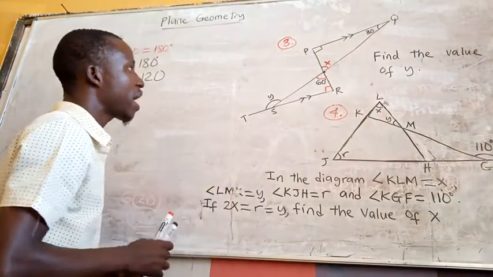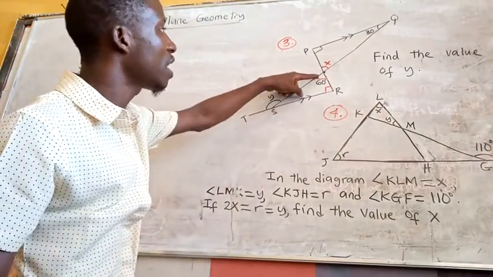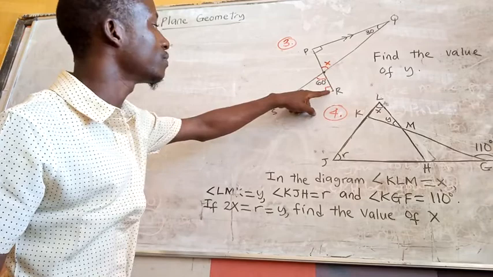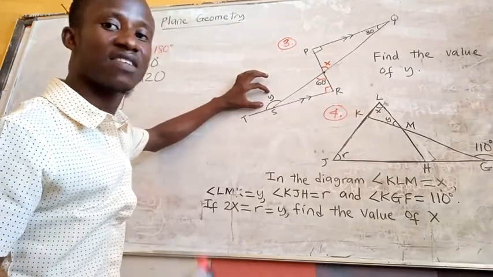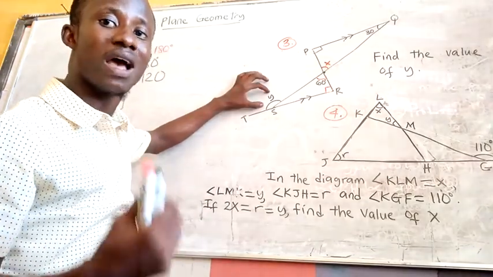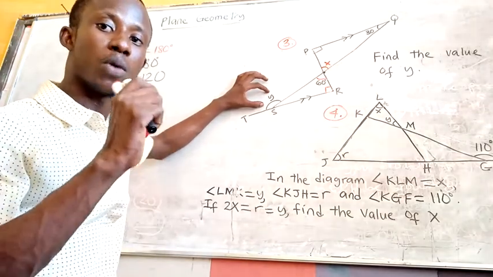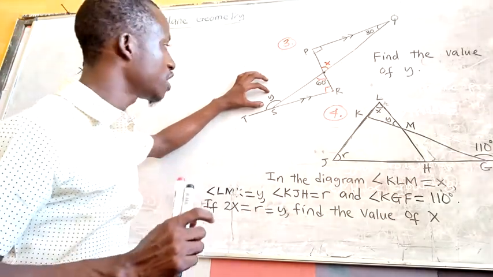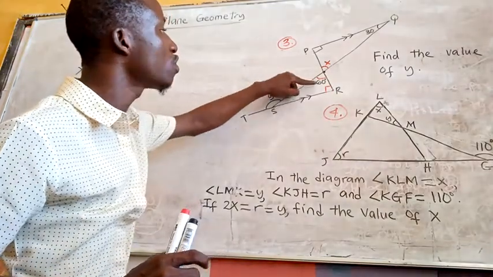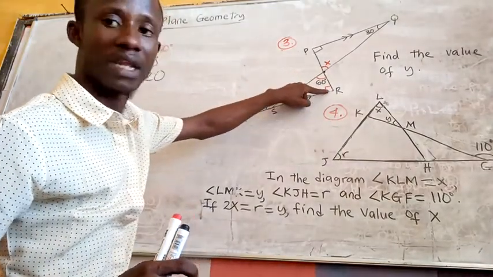So here now we have 60 degrees and we also have 90 degrees. And y is an exterior angle. The exterior angle is equal to the sum of the two remote interior angles. So therefore y is now equal to 60 plus 90.